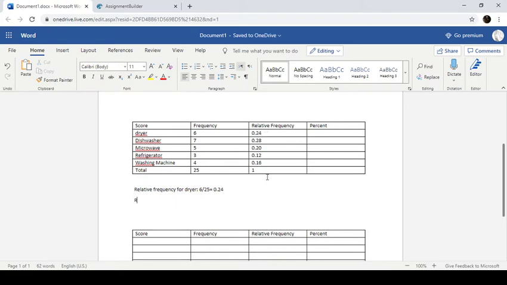So again, if we wanted to do the one for the dryer, that would be 0.24 times 100, which equals 24%.